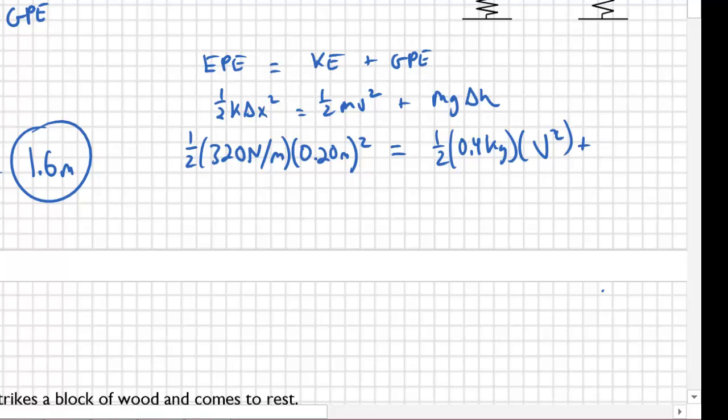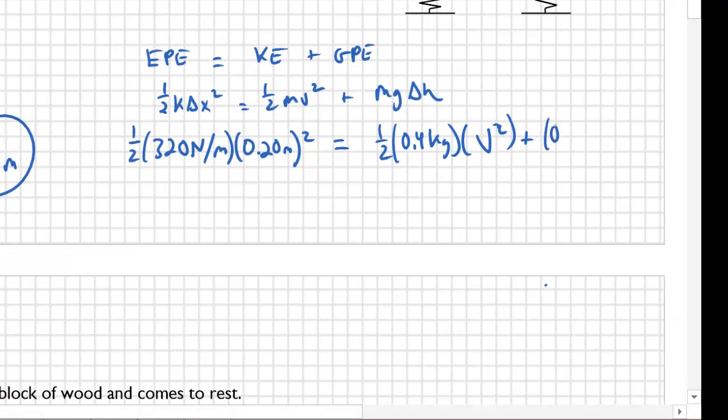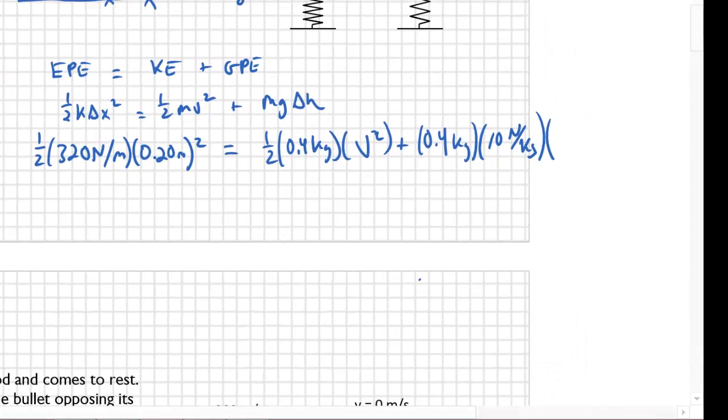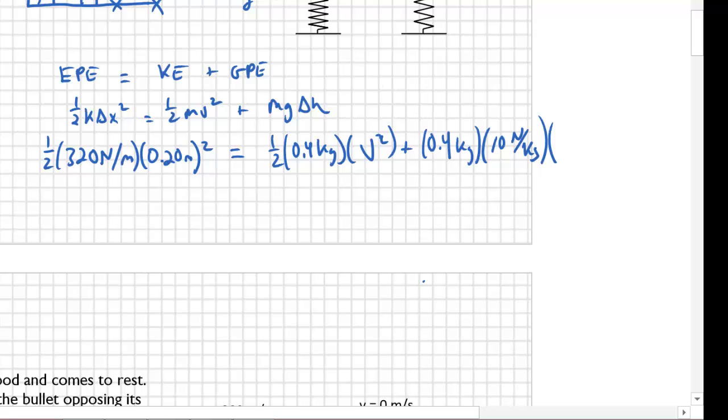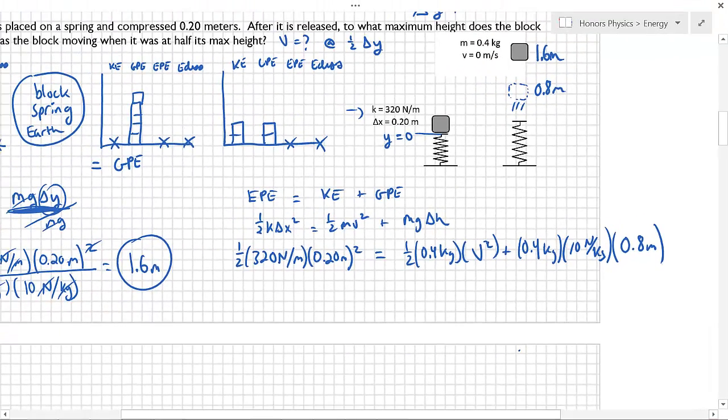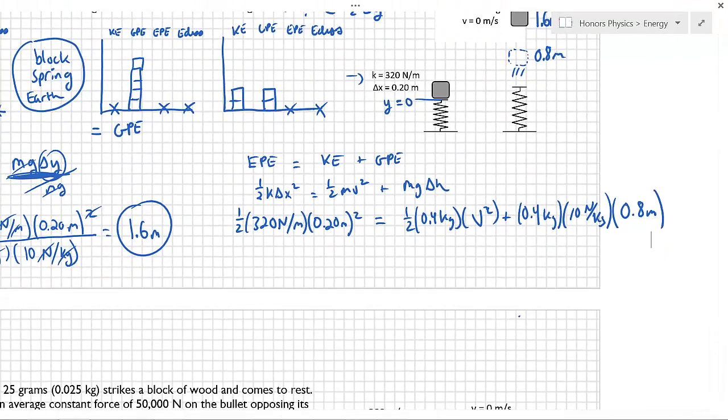And that's plus mg delta h. My mass is 0.4 kilograms times my 10 newtons per kilogram. And that's all times my delta h, which in this case we went half as high. Don't forget that. Now we're at 0.8 meters. We went half the height.